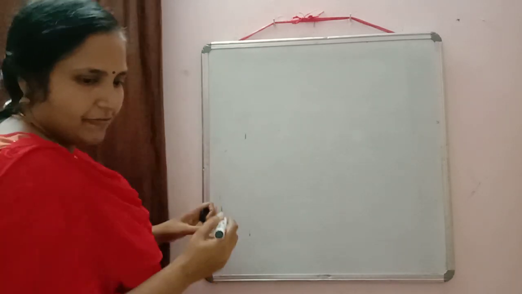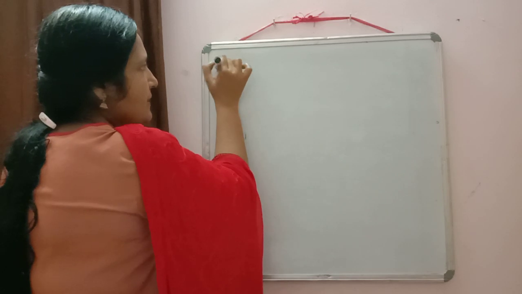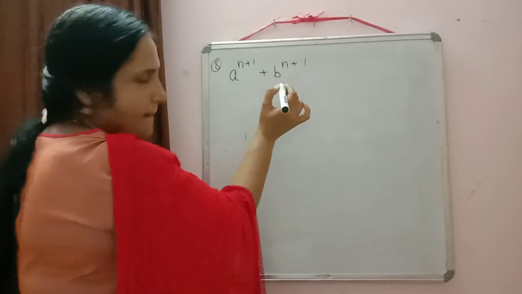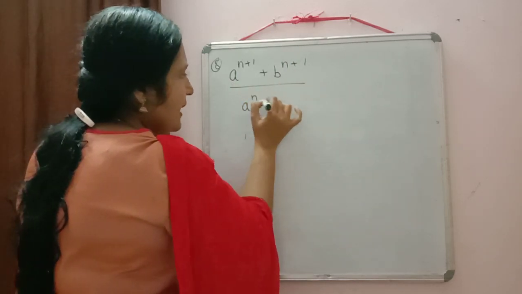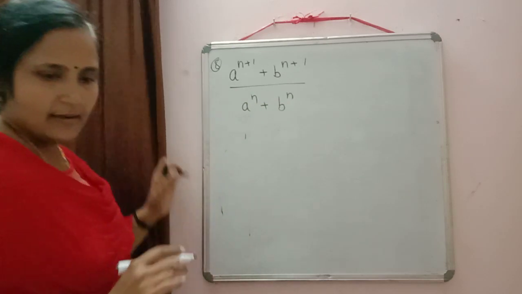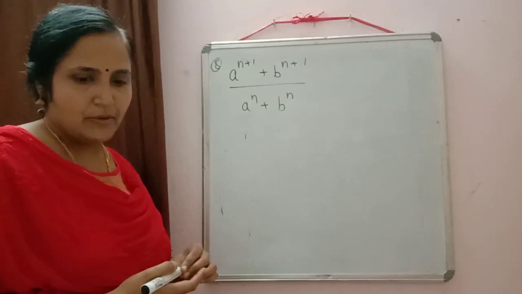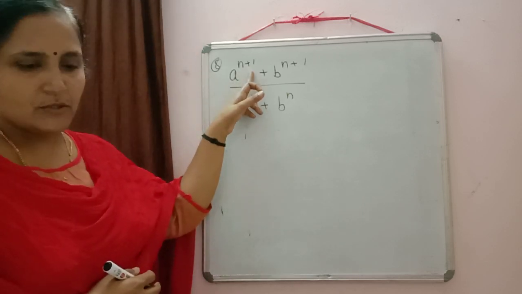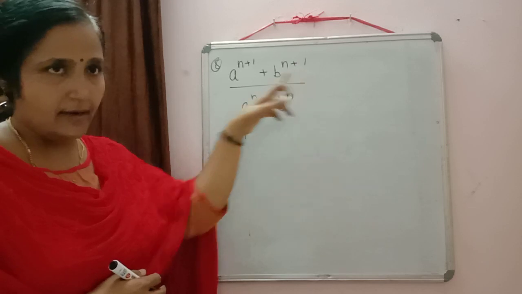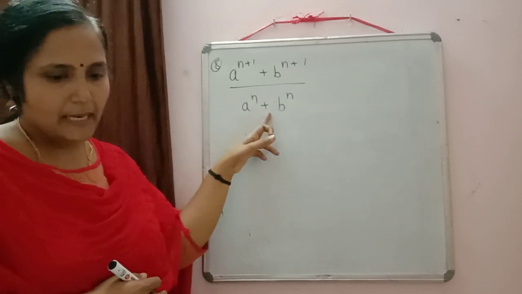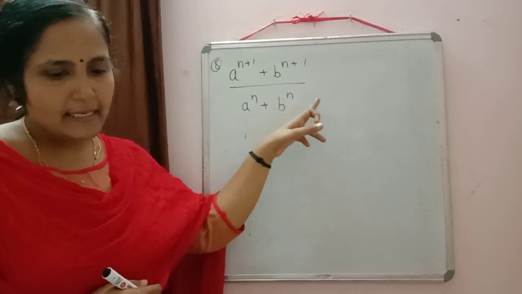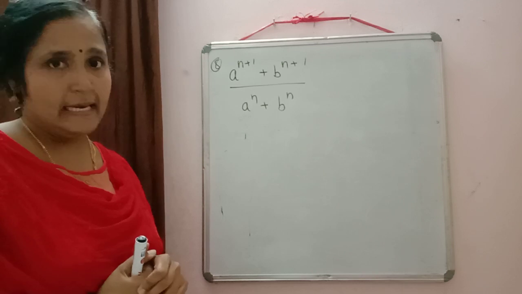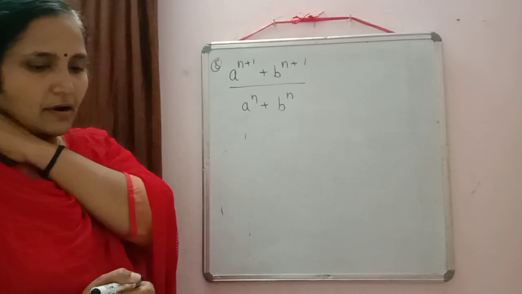It was written, if a raised to n plus 1 plus b raised to n plus 1 by a raised to n plus b raised to n is the arithmetic mean between a and b, then find the value of n. All of you please write it down.